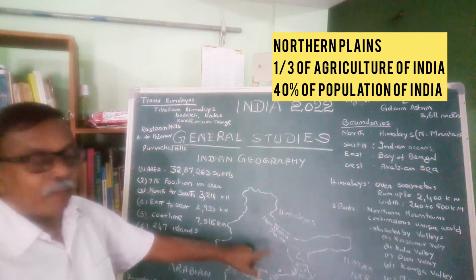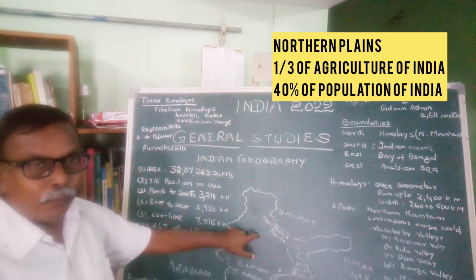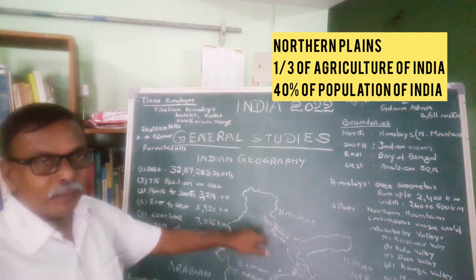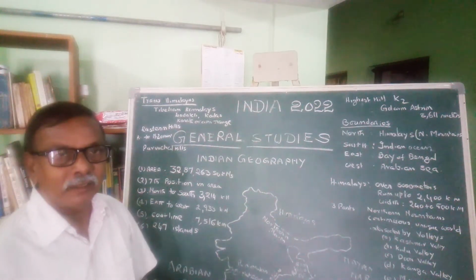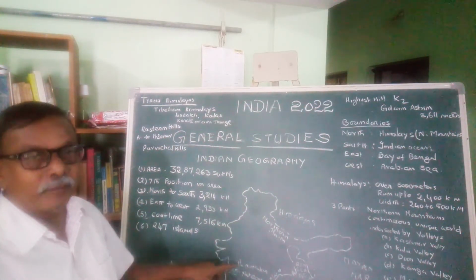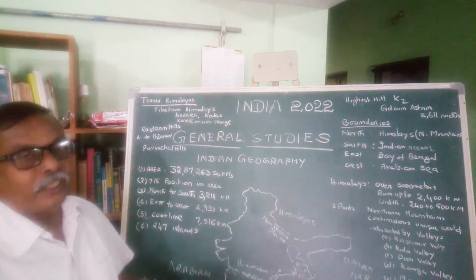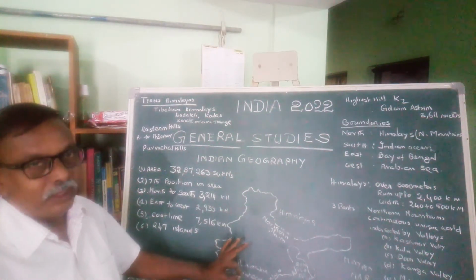And 40% of the population live in the northern plain, whereas in the southern peninsula the highest concentration of population is seen, but the density is very low in these areas.